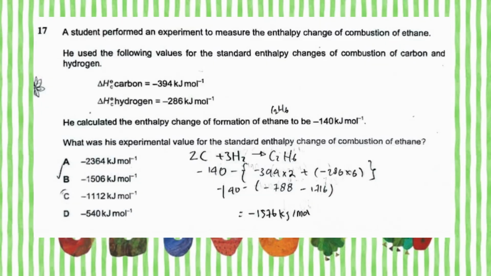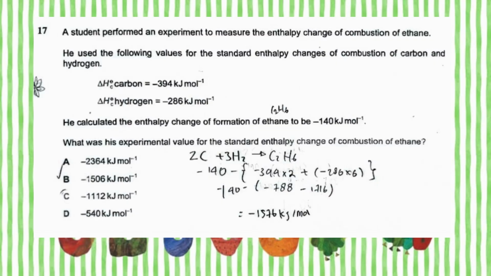This next question is asking about the standard enthalpy change of combustion of ethane. In this question, they give us the enthalpy change of carbon, which is minus 394, and for hydrogen it is minus 286.